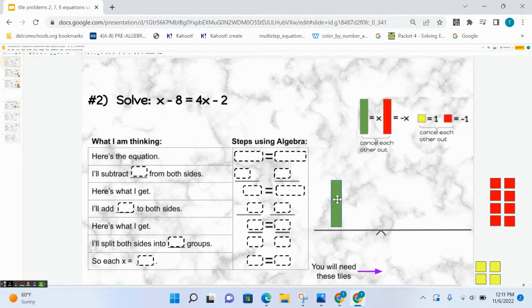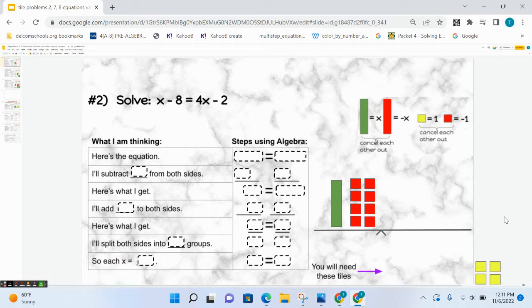You want to show x on the left, and then also on the left, see how it says negative 8? It says subtract 8, but you could think of that as negative 8. Whenever there is a negative in front of something, when you're doing tiles, you could think of them as red.